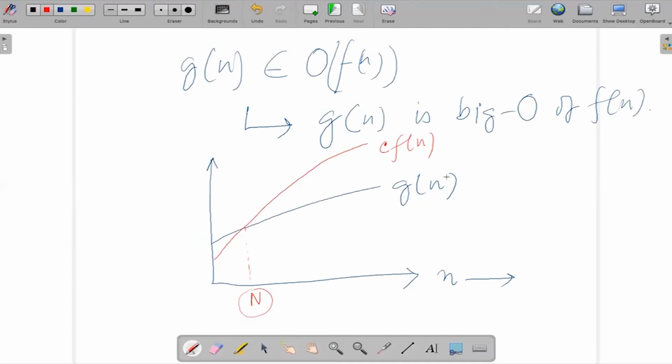So g(n) always lies below C into f(n) for all n greater than or equal to N. So this is the interpretation of big O. That is, as if g(n) is upper bounded by C of f(n). So this is sometimes also called the upper bound.